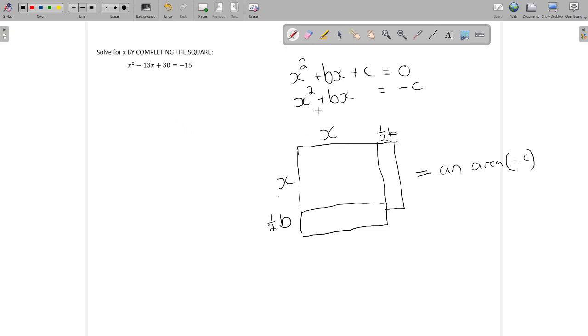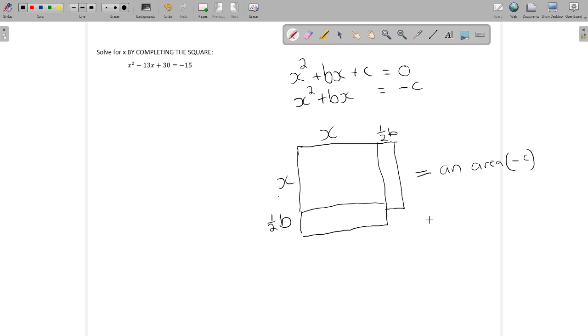is if you were to draw this as an area, we could draw this as x squared, so there's a square, that's x squared, and then we could say bx, but now we've deliberately chosen to do a half of b by x on this side, and a half of b by x on this side.